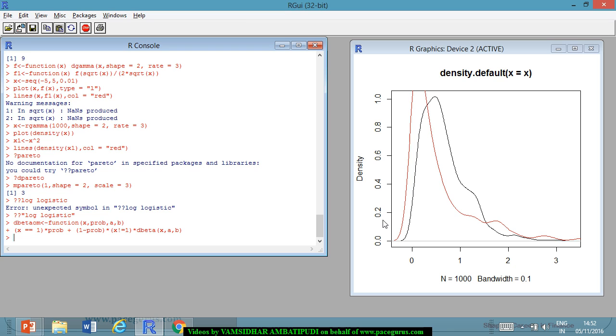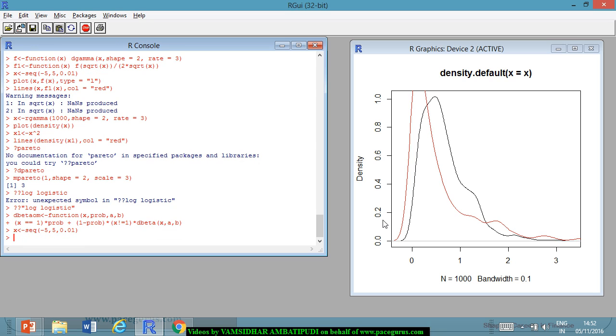Right? So we can very well define some parameter values a and b to get a good understanding. So let me just try out. X has the values from minus 5 to 5 with an increment of 0.01. Y I will take as dbeta of x, where a equal to 2 and b equal to 3.